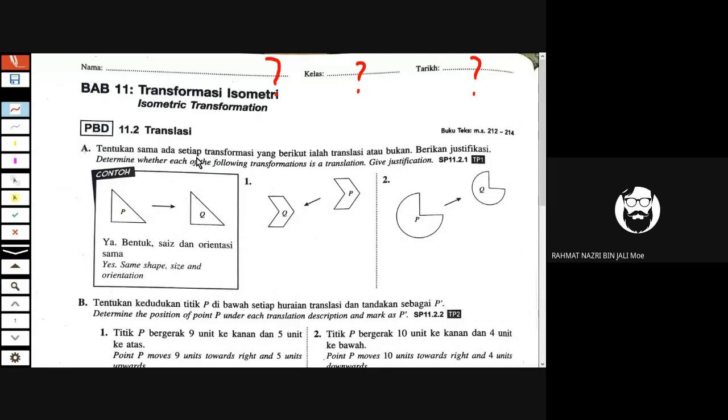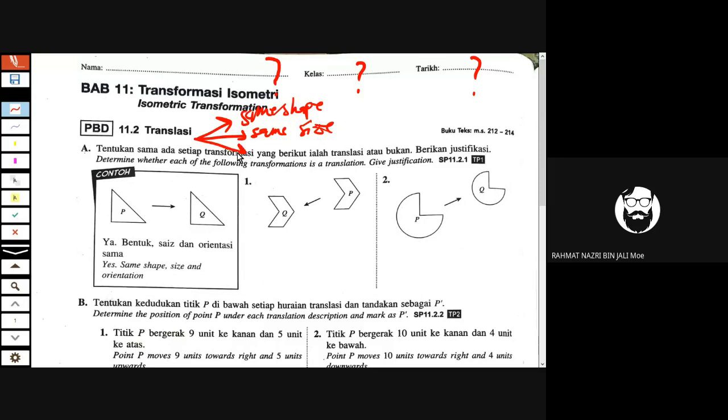Determine whether each of the following transformations is a translation. Okay, kita perhatikan kepada apa tadi? Translation mesti ada 3. Yang pertama, same shape. Yang kedua, same size.